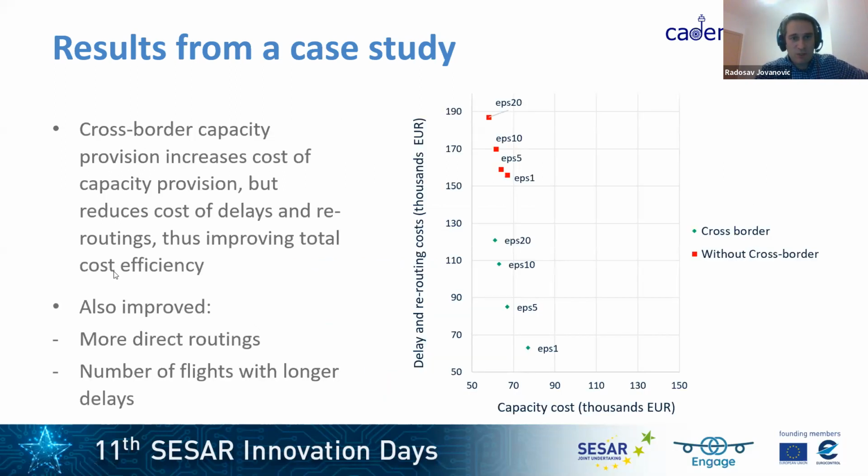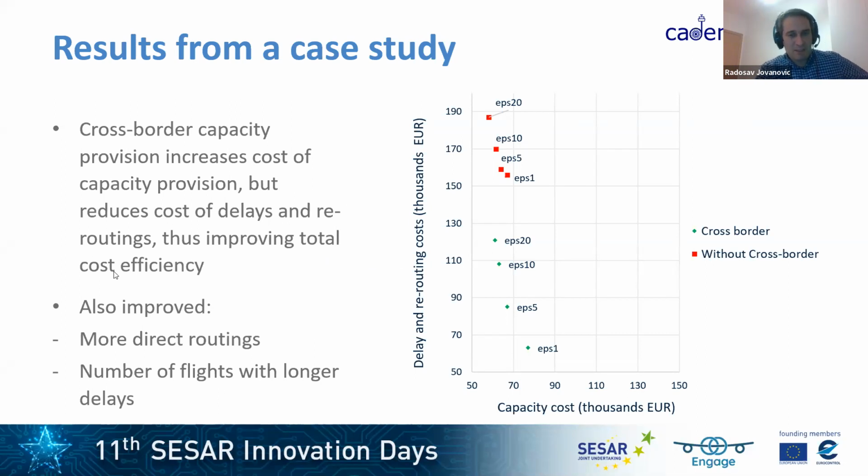Another finding which gives some further insight is that, again expectedly, the cross-border capacity provision, given this cost assumption, increases the cost of capacity provision, which you can see as the little green dots are slightly to the right when you compare them to the red ones. Green is with the cross-border, red is without cross-border.